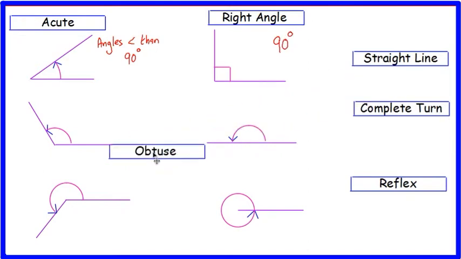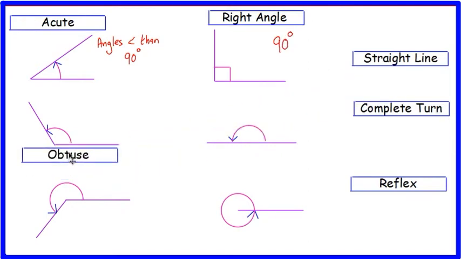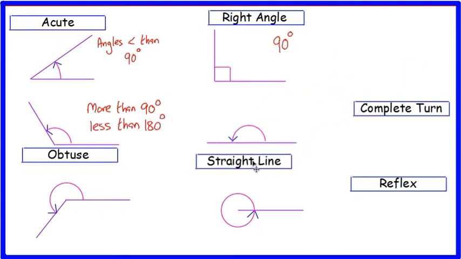Okay, I have obtuse. And an obtuse angle is more than 90 degrees, less than 180 degrees. My straight line is just 180 degrees.